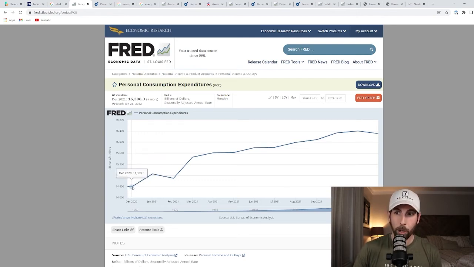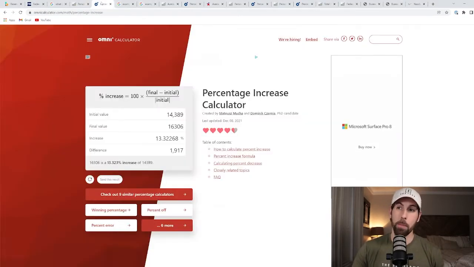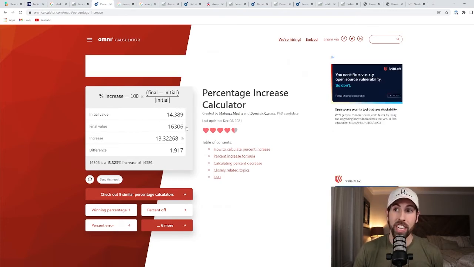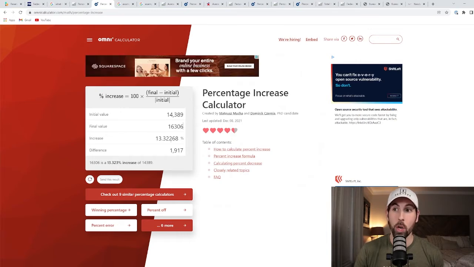From December 2020, it went from 14,389 to December 2021, 16,306. So this is actually quite a large increase. If you go over here to this percentage calculator, our initial value was 14,389, final value 16,306. That is a 13% increase in personal consumption expenditures.